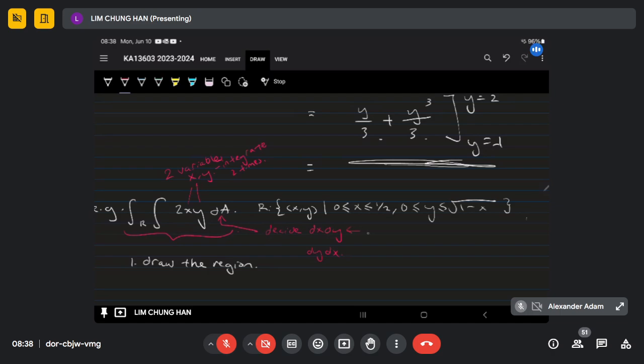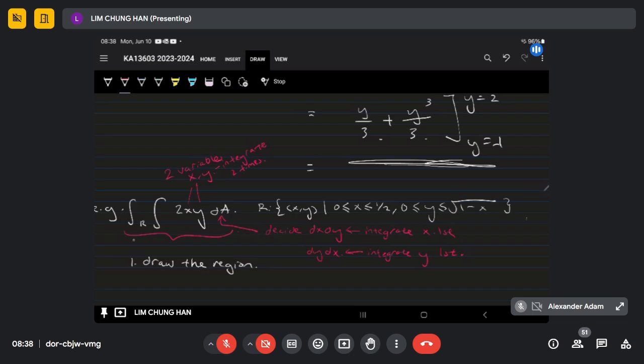Dx dy means you want to integrate x first. Dy dx means you integrate y first, and then x.